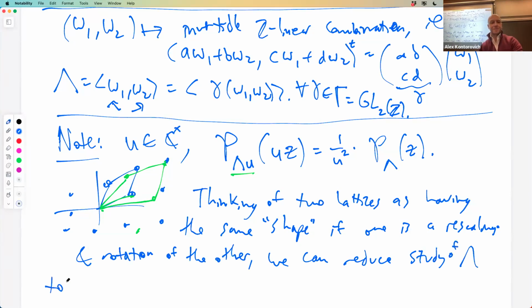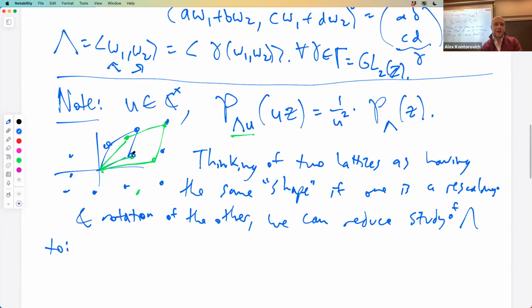Let's say this one's W2 and this one's W1, so the argument of W1 is greater than the argument of W2. Otherwise, replace which one's which, which is an invertible matrix in the integers. So if I replace W1, W2 by dividing everything by W2, I get W1 over W2, comma 1.